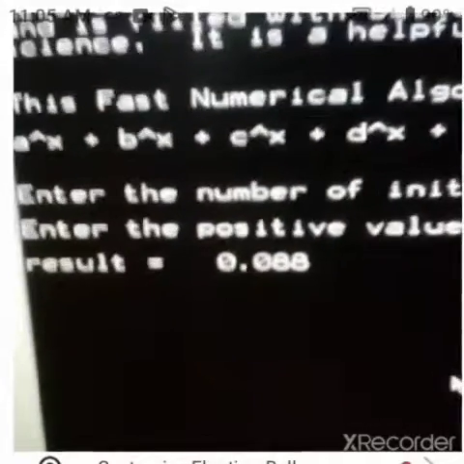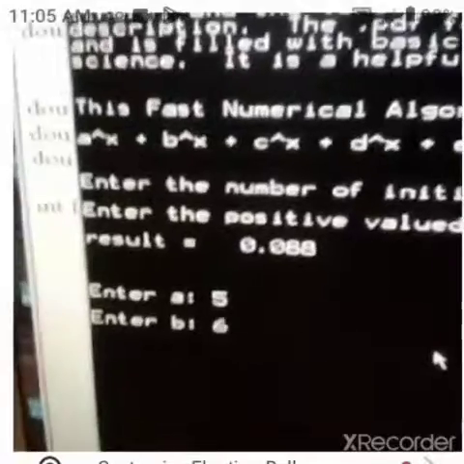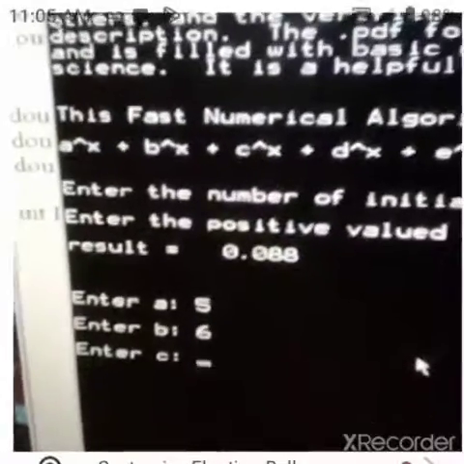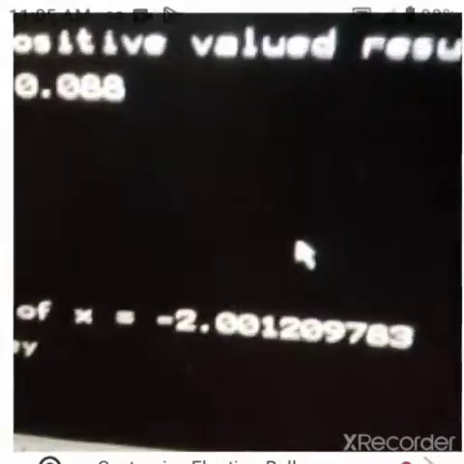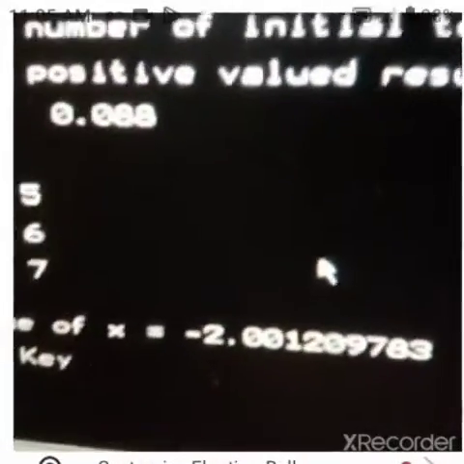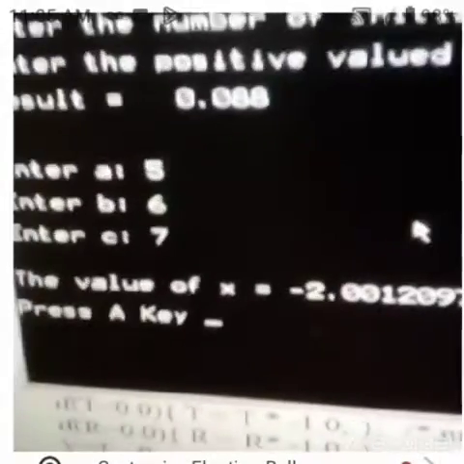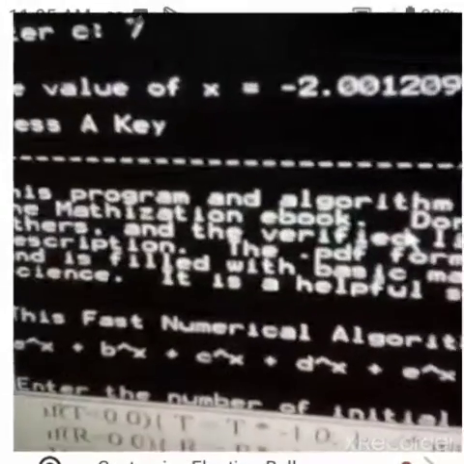That's when x was equal to -2 for the first 3 terms. A was 5, B was 6, third term coefficient was 7. So x was equal to 2, slightly over 2. Press a key and you can redo it in the loop.